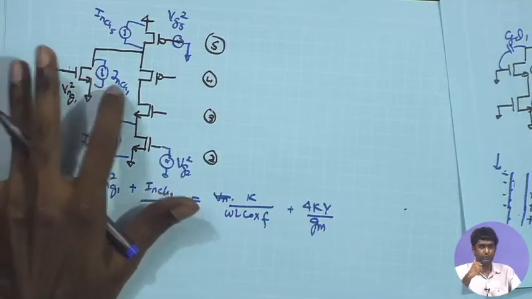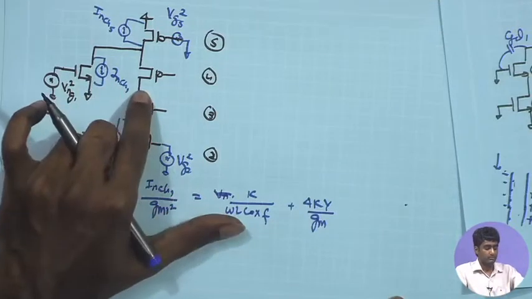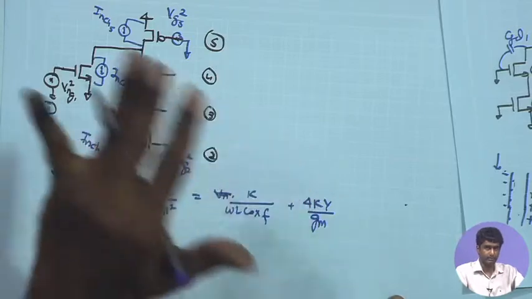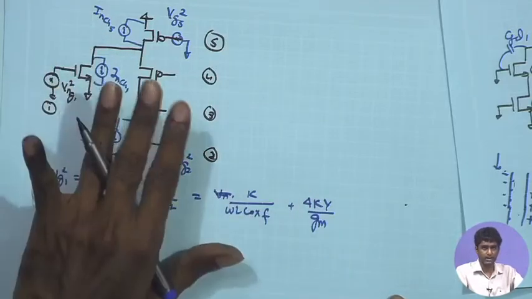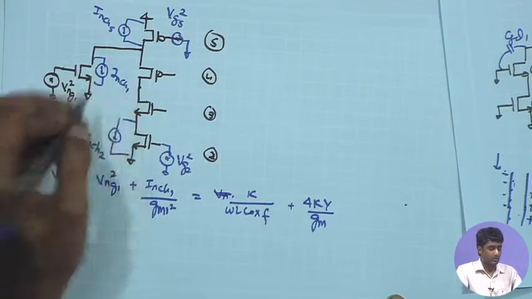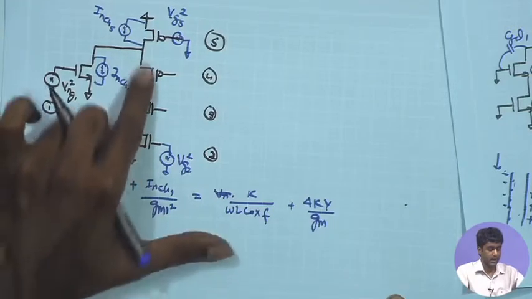We should also be careful about picking the right GM, because ultimately we have to look at the overall input referred noise, and we have to divide it by the overall gain of the circuit, which is GM1 square times RO square. In all these cases, ultimately at the output point we are going to get the RO of these MOSFETs.